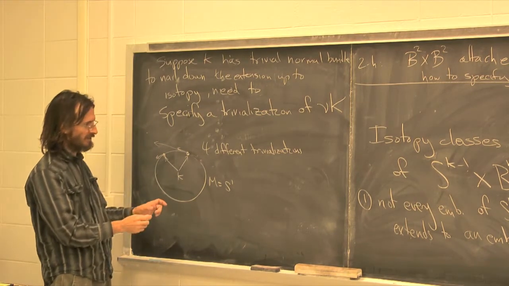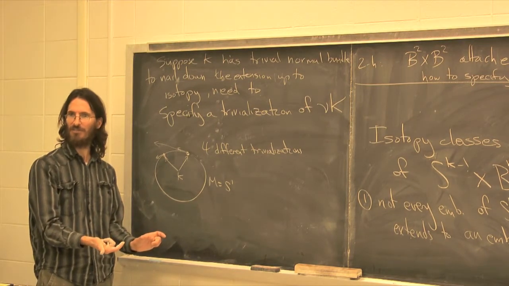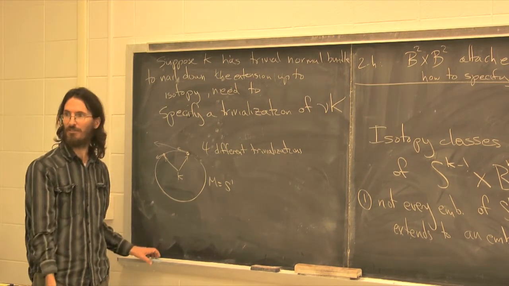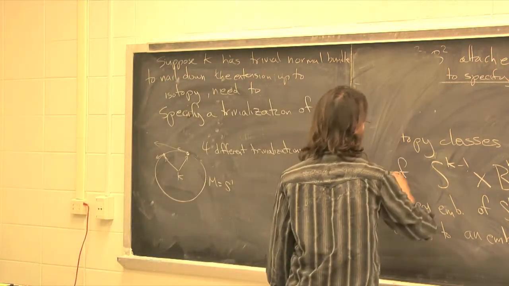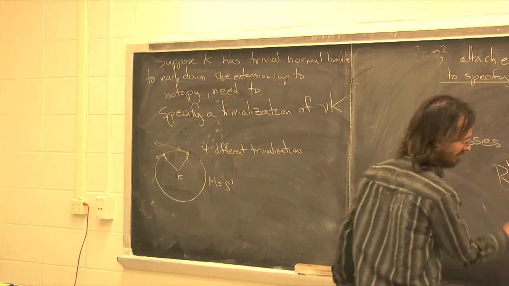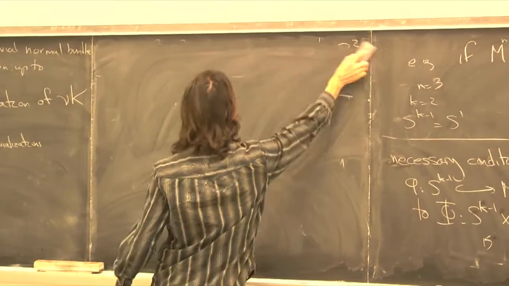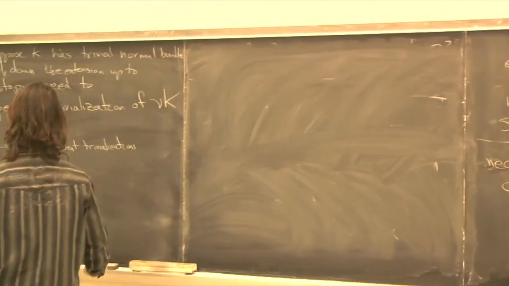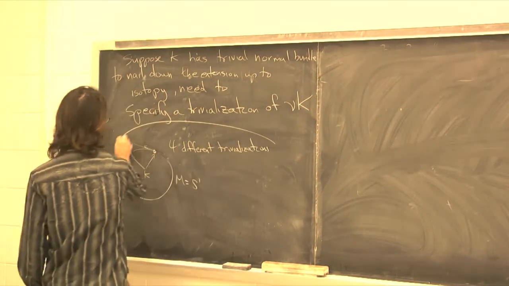And 2 of those correspond to producing an unoriented manifold, and 2 of them would produce oriented manifolds. Yeah, that's an example.